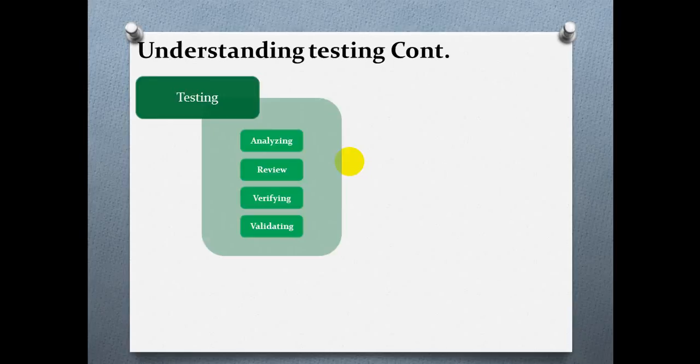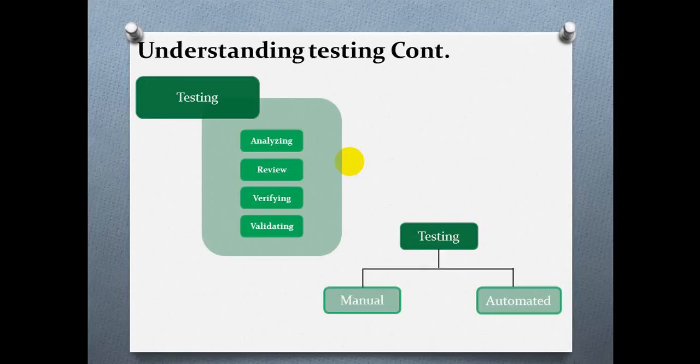Testing also involves verifying and validating the software design. Testing is done manually or by using tools with the predefined objectives. In manual testing, testers need to execute the software from the end user's standpoint.